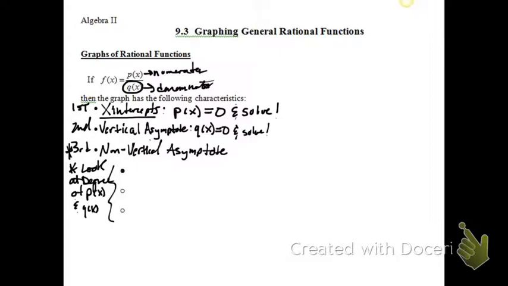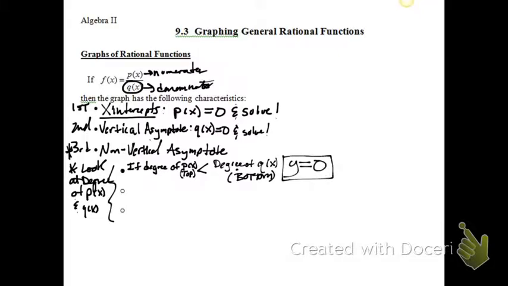The first case is kind of the easiest: if the degree of p of x, the degree of the top, is less than the degree of q of x, which is just the bottom, then we can just use y equals 0 as our horizontal asymptote.